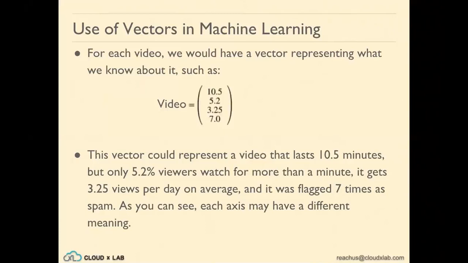That list could be how many gears it has, what speed it can reach, its length, its width, how many cylinders, and how much time it takes to go from 0 to 60. We make a list of all these characteristics of each car, and that will be a vector representing each car.